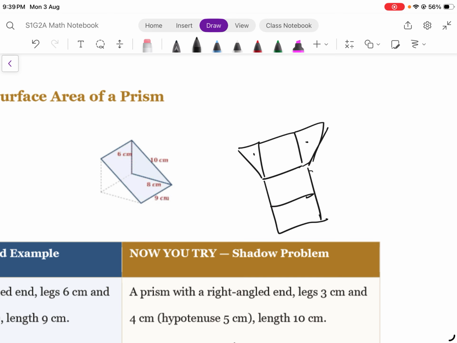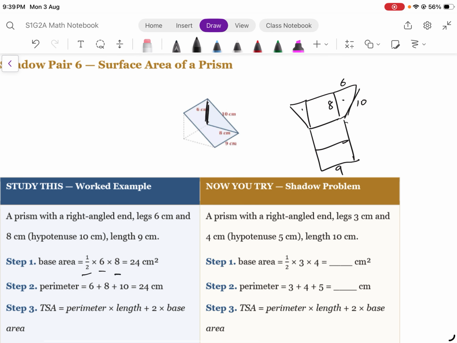This right angle triangle, the height is 6. So here is 6, here is 10, here is 8, and the length here is 9. To find this right angle triangle, I take half times 6 times 8, 24.